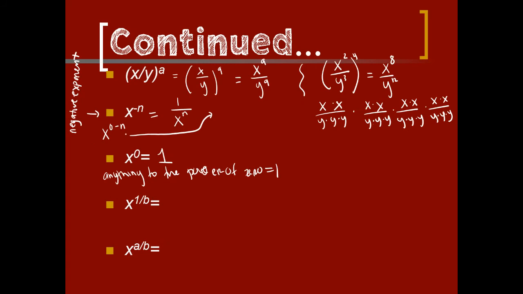And watch what happens. x to the power of 0 over x to the power of n. x to the power of 0 is 1, so it's 1 over x to the power of n. Isn't that pretty cool? So we can use this over here.